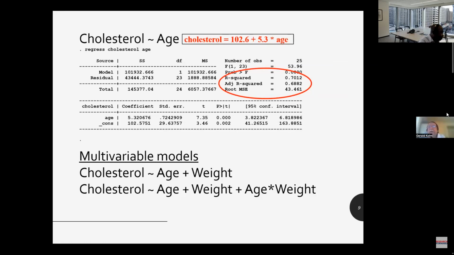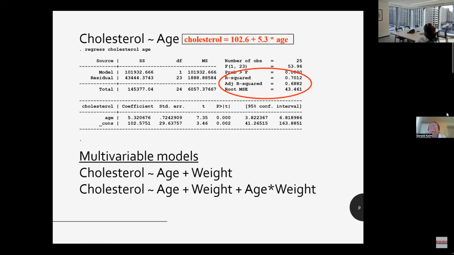We interpret the R squared value as the proportion of variance explained in our outcome variable, in this case cholesterol, by our independent variable, in this case age. So here you can see that it's pretty high. 70% of the variance in cholesterol is explained by age.